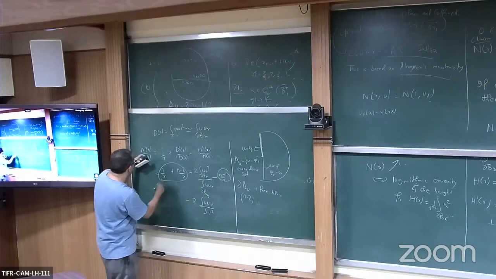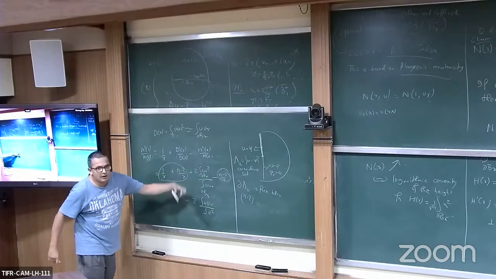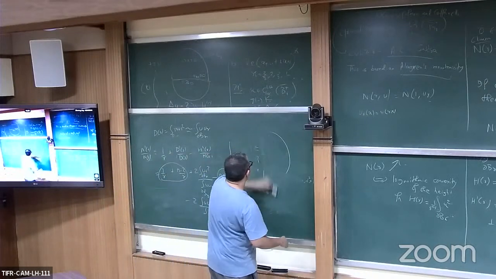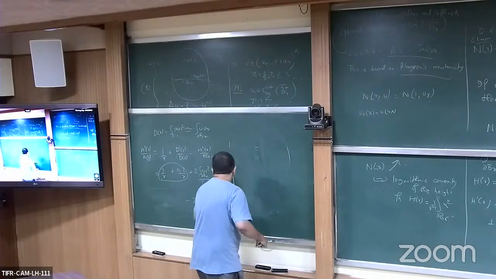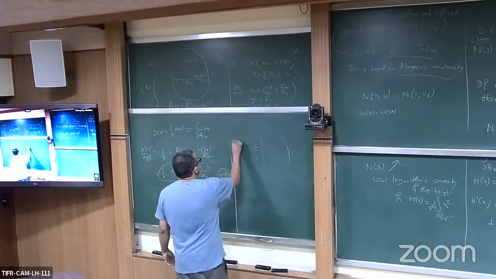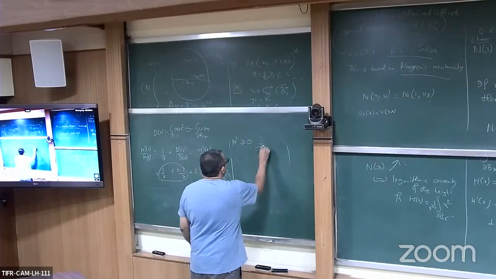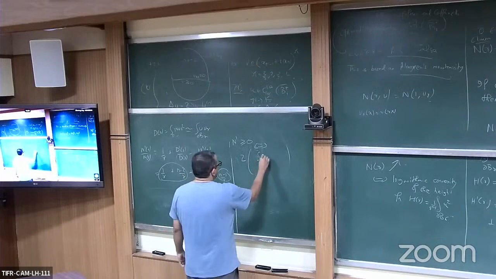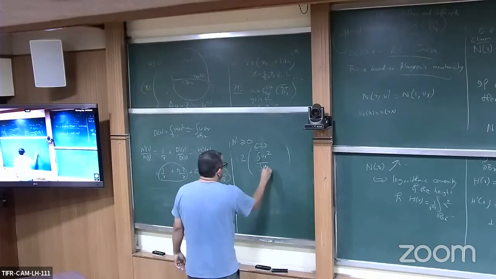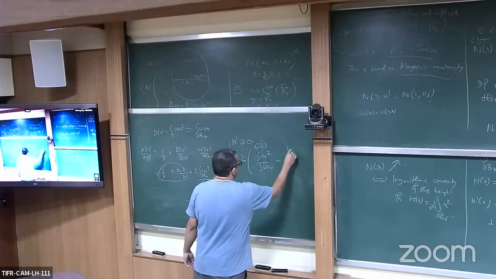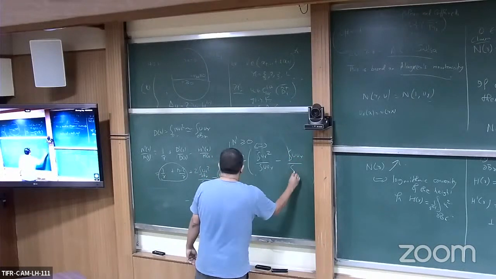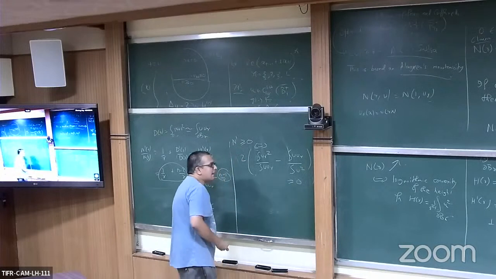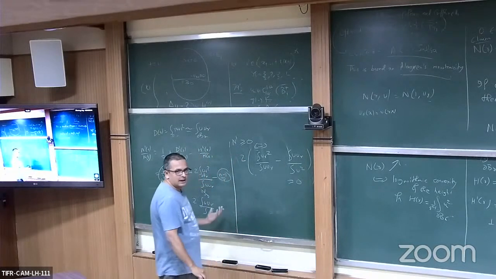And now I'm left with N'/N being a quantity like this. This can be checked to be bigger than or equal to 0 by the Cauchy–Schwarz inequality. Therefore, N' is bigger than or equal to 0 if and only if 2 times this quantity inside, which is ∫u_μ² over ∫u u_μ minus ∫u u_μ over ∫u², is bigger than or equal to 0, but this is exactly the Cauchy–Schwarz inequality, right?